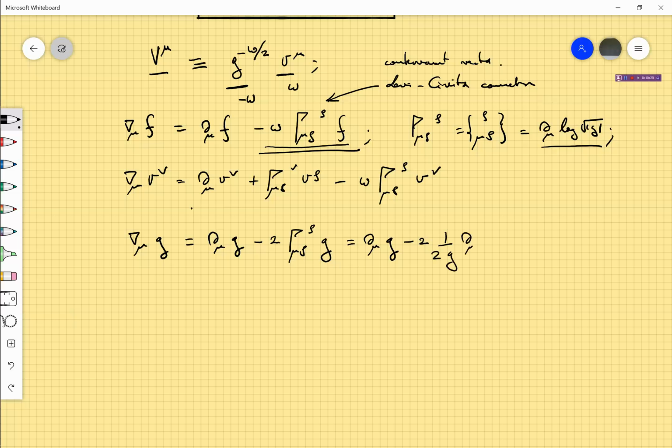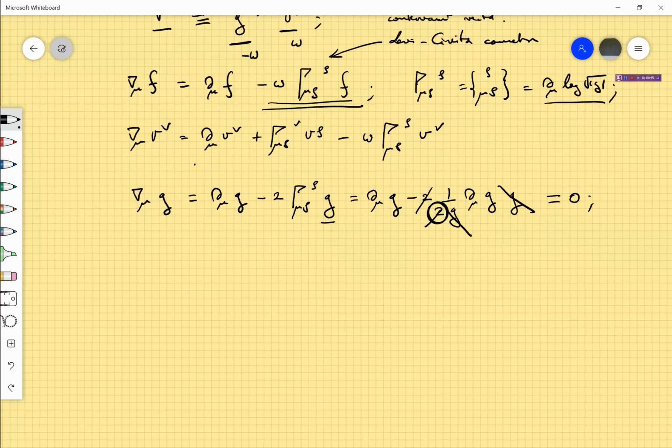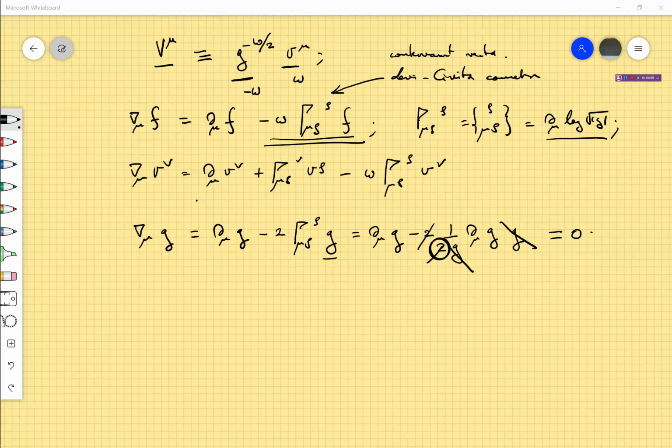This would be just partial mu g and this factor of 1/2, and then g, these two g's cancel, the factors of 2 cancel, and this gives me identically 0, as you expect. So this term is fundamental, and it is important to remember that g is a tensor density and not just a tensor.